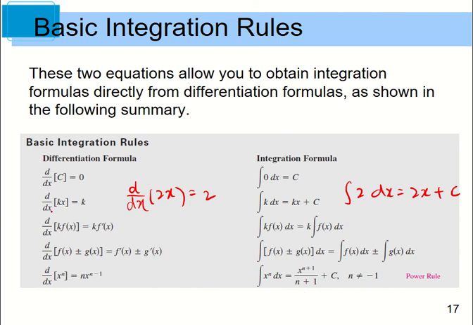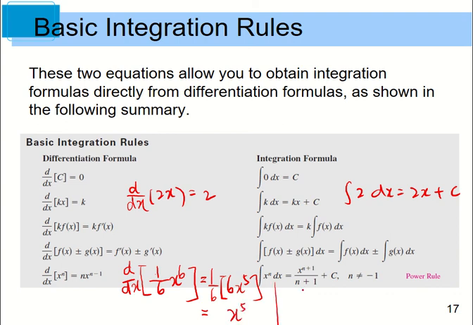For example, let's say we differentiate 1 over 6 x to the power of 6. What we do is bring down the power to multiply. So we have 6 multiplied by 1 over 6, and the power 6 minus 1 is 5, so we get x to the power of 5.